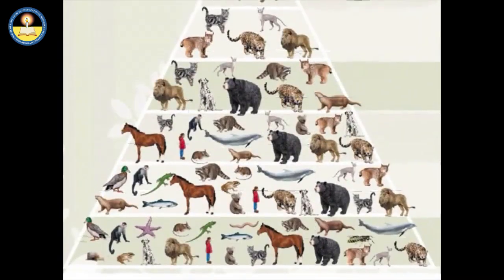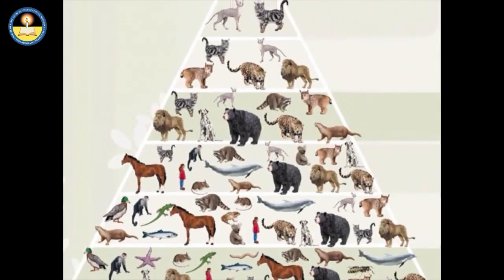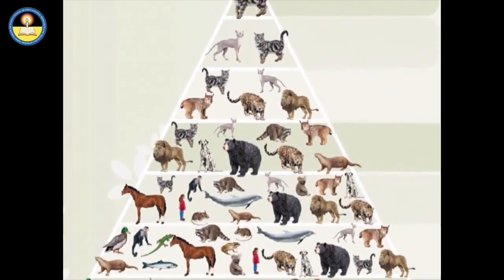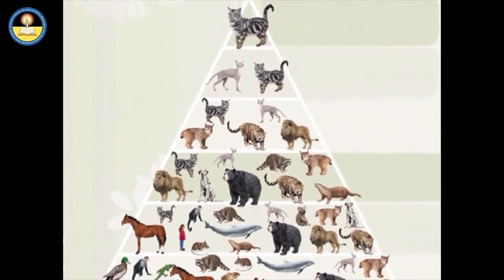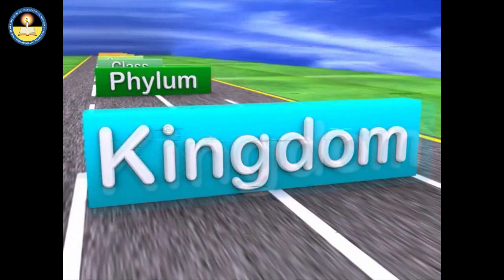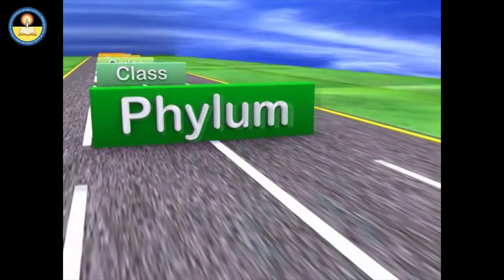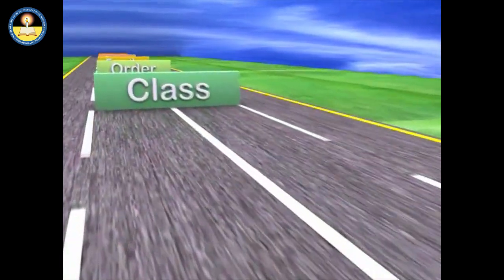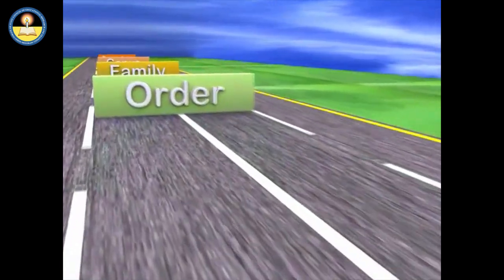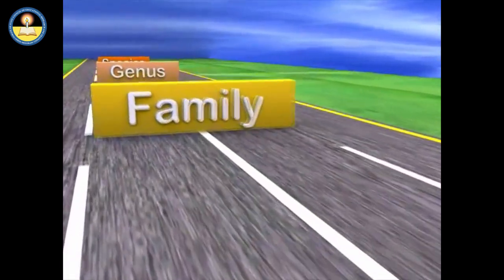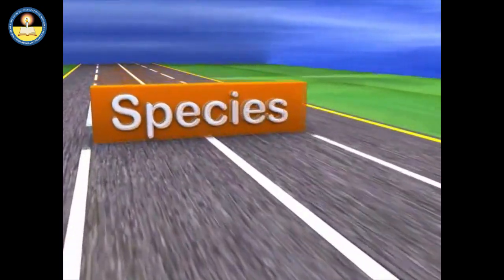He also gave a hierarchy of classification that spreads from the broadest to most specific. It starts with kingdom, goes to phylum, class, order, family, genus, and ends with species.